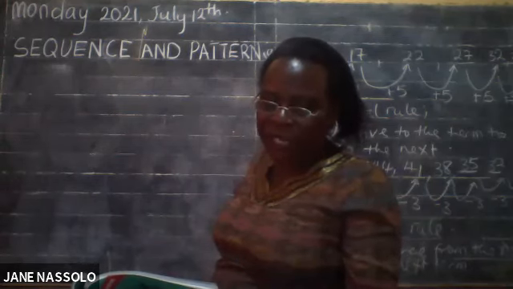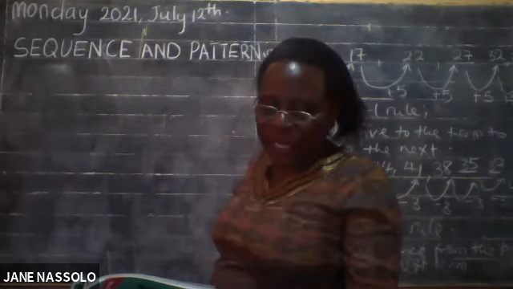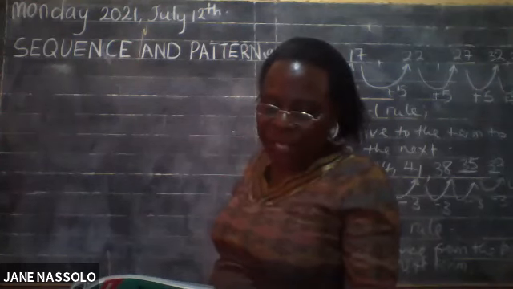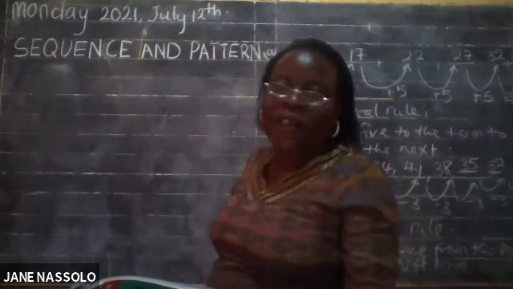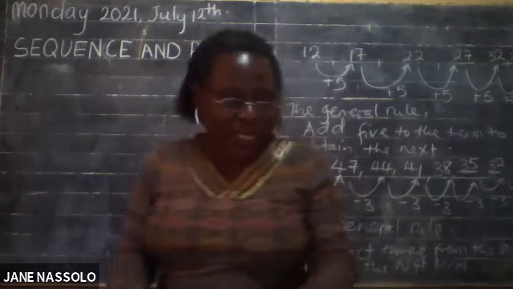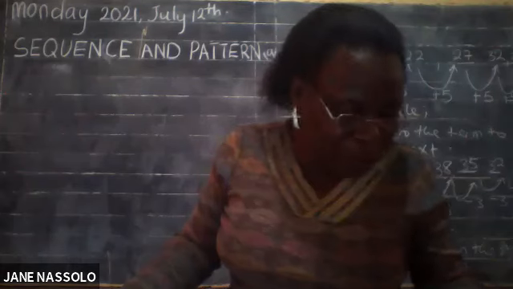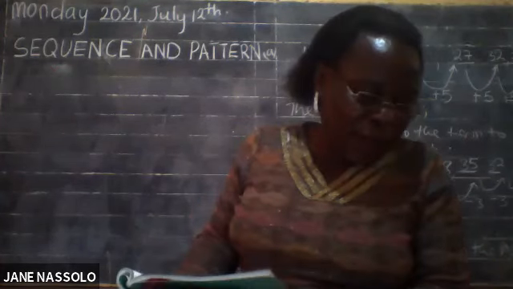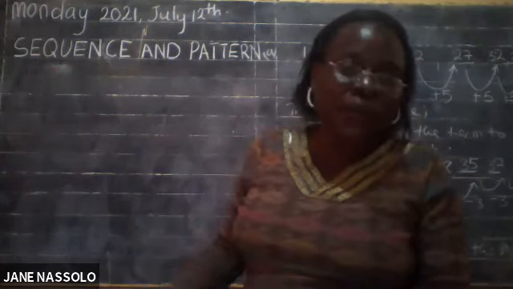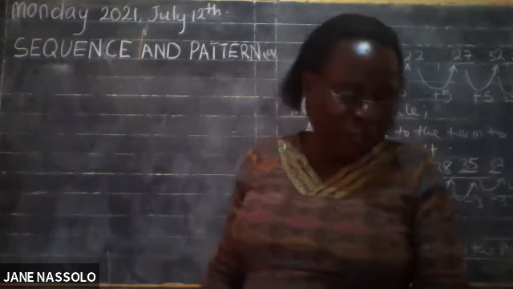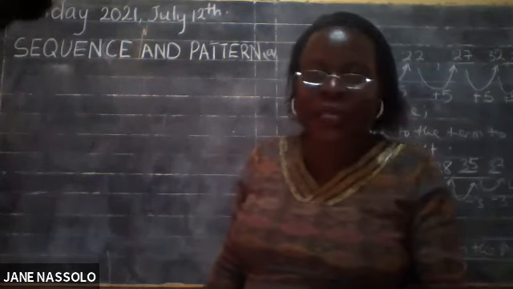We have question number 1 and then question number 2. Copy each sequence and fill in the missing numbers. I'm giving you 5 minutes to do that exercise and I'm waiting for the solutions. It is now 9:40, so by 9:45, you should have finished the exercise.